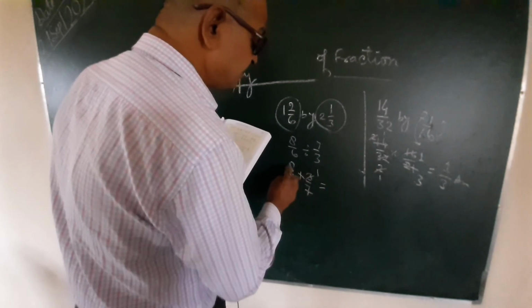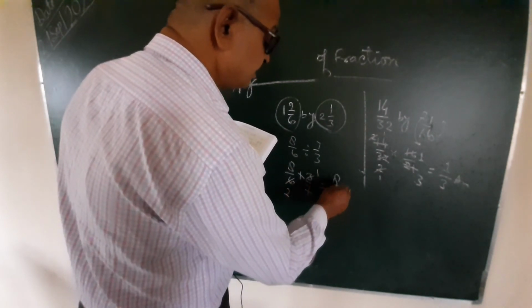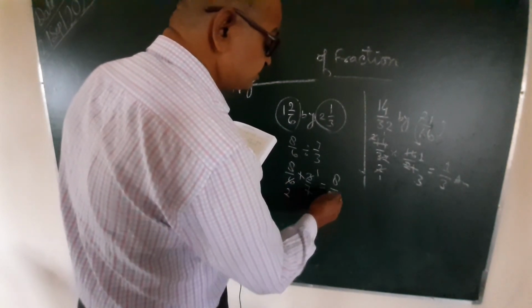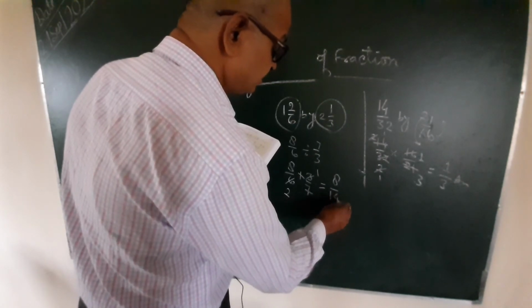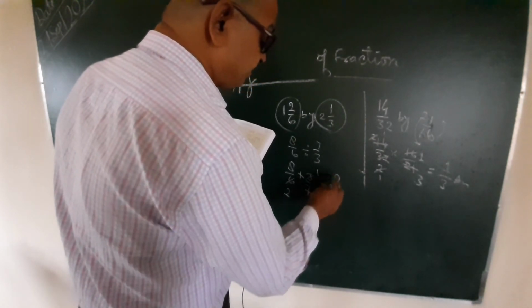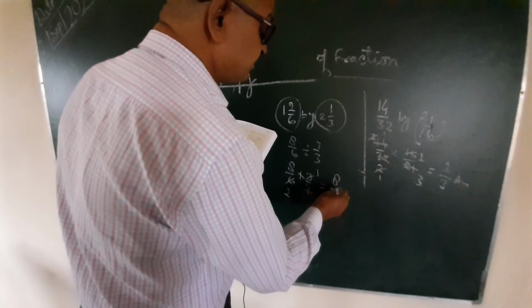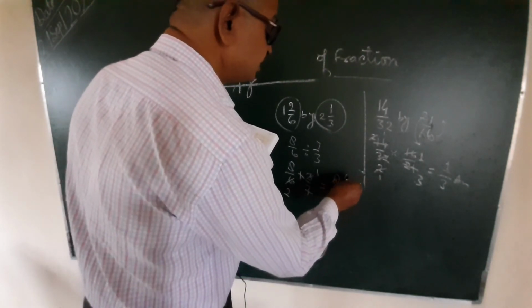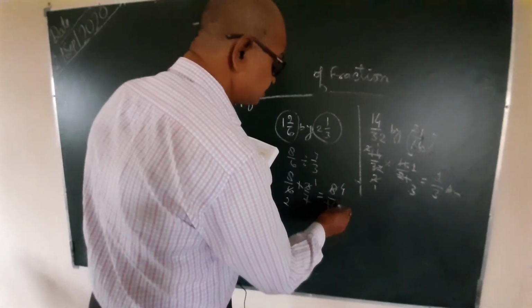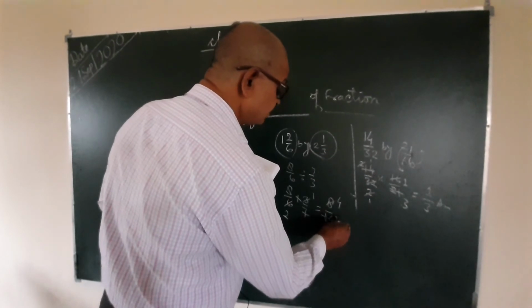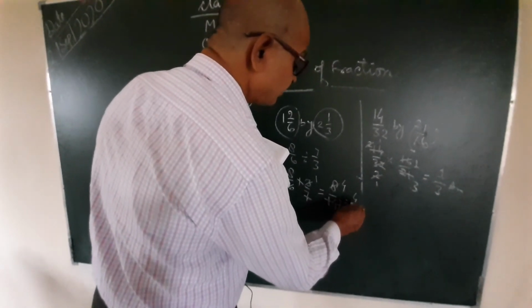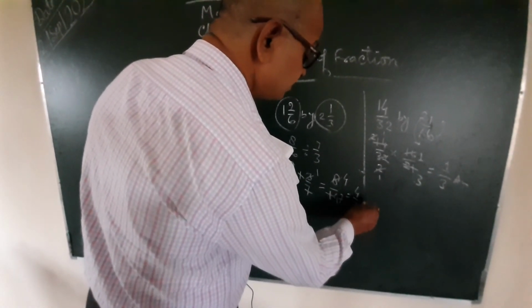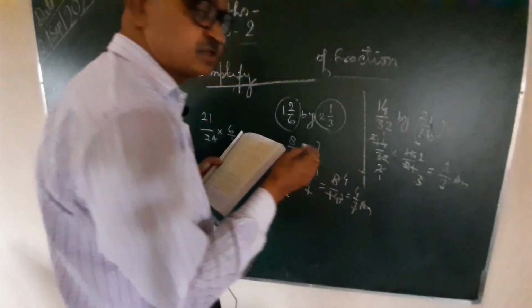Then we multiply 8 ones are 8 upon 2 sevens are 14. 8 upon 14, this number will cut by 2, 2 fours are 8, 2 sevens are 14, means 4 upon 7, that is the answer of this question.